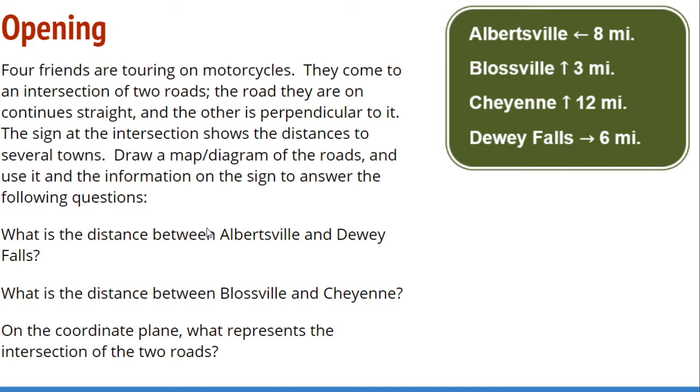So I have an intersection of two roads. It says if I go left 8 miles, then I wind up at Albertsville. If it says I go straight ahead 3 miles, I end up at Blossville.